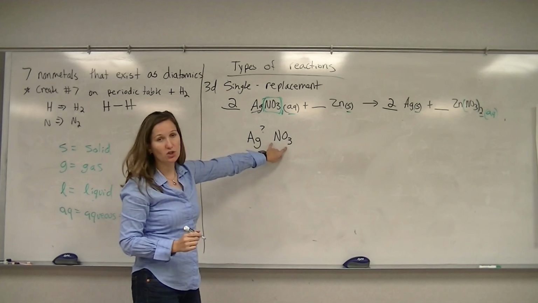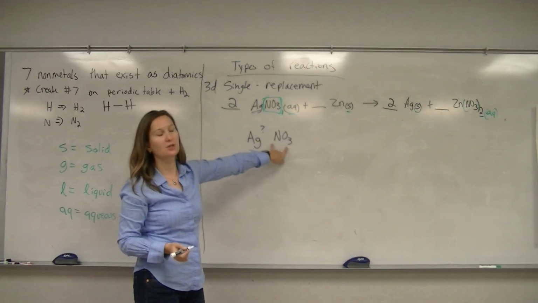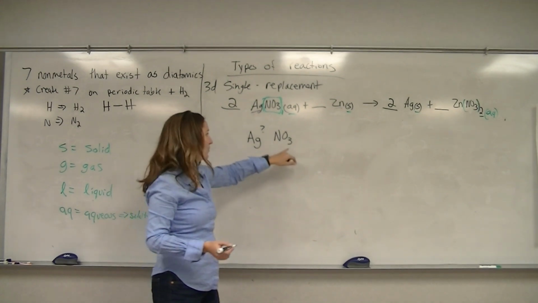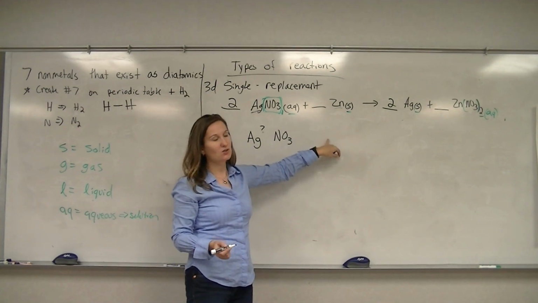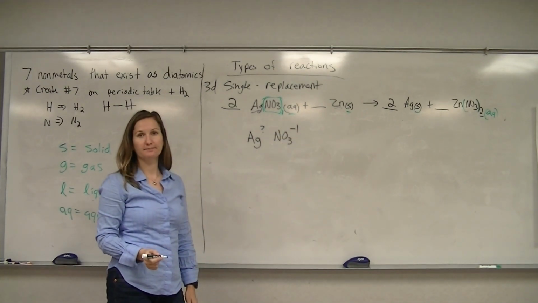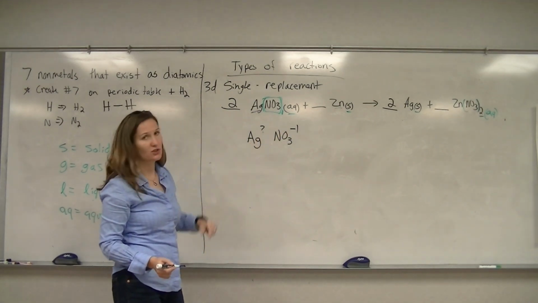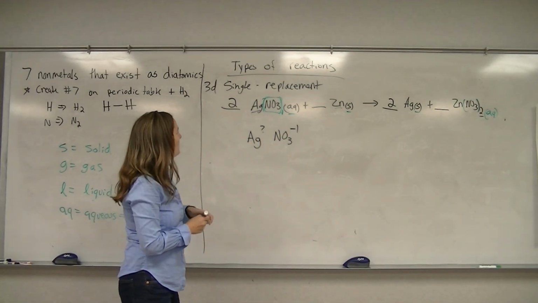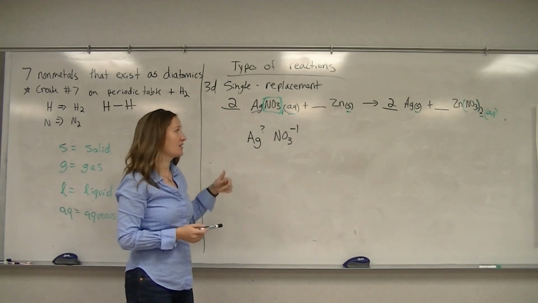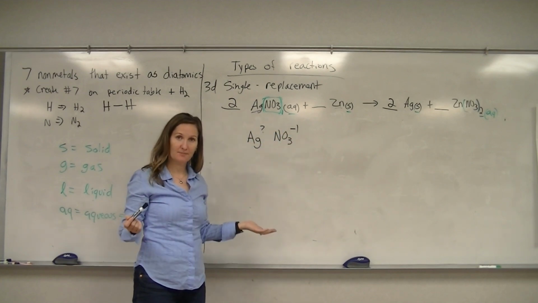How do I figure out the charge of the nitrate ion? You'd look it up in a polyatomic table, okay? So the polyatomic table would have NO3, it would give the name of NO3 saying it's nitrate, and it would also show you that it has a -1 charge. Okay, so I can use this to figure out the charge on silver. Why? Because this compound as a whole is neutral. What that means is the positive and negatives cancel each other out.